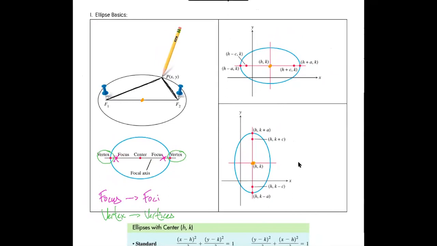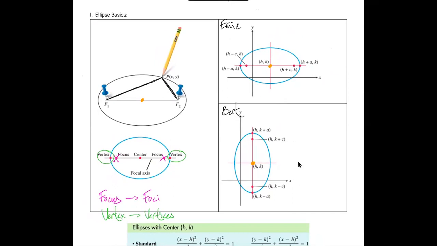Now, here's a few important points. Like the parabola, we can have an ellipse that is sort of longer than it is tall, all right? This reminds me of Ernie from Sesame Street, if you are an enjoyer of Sesame Street. And then we have a version where it is taller than it is wide, and so I kind of think of that as the Bert ellipse, all right?